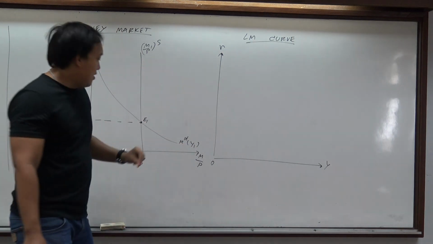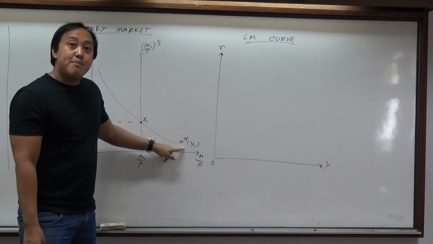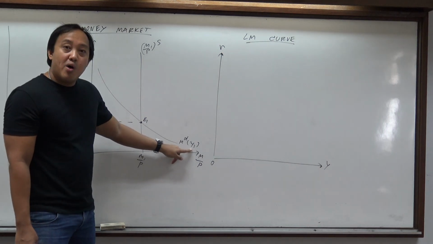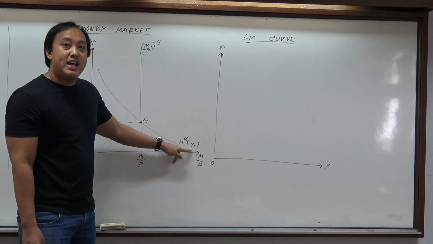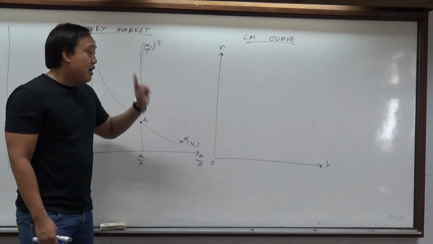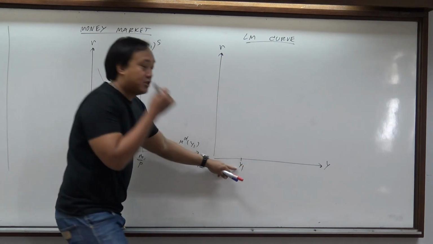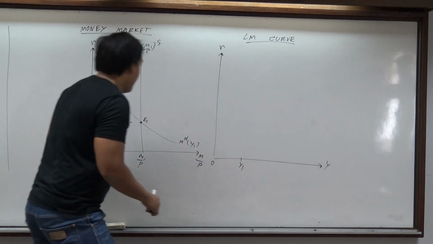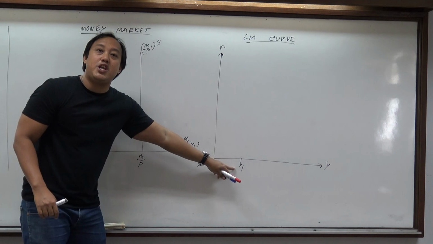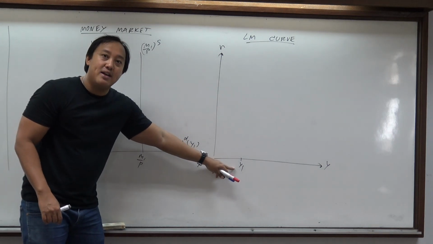For example, the money demand here comes from when you have the GDP or national income equal to Y1.